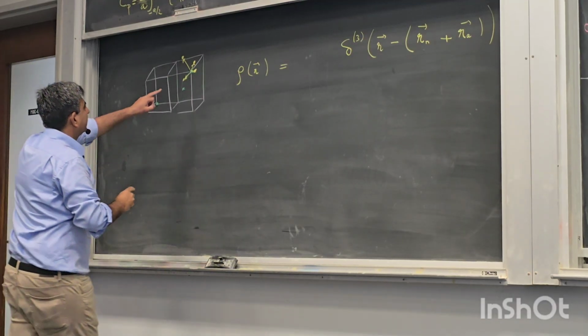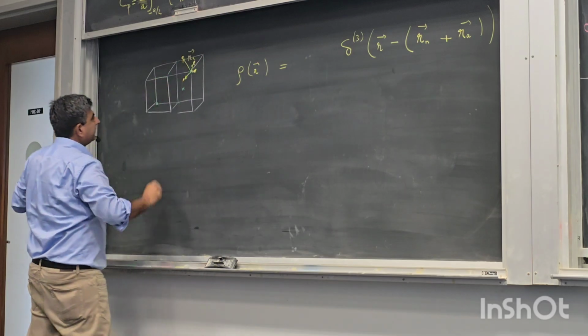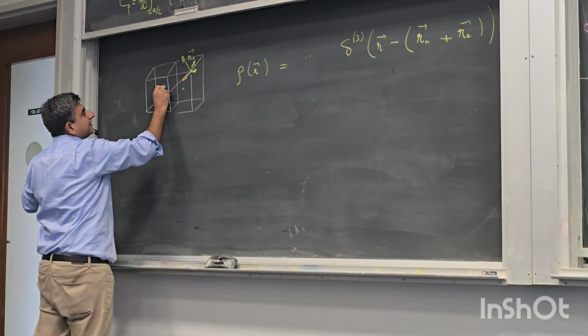So these small vectors are the R a's, and this vector is an R n.